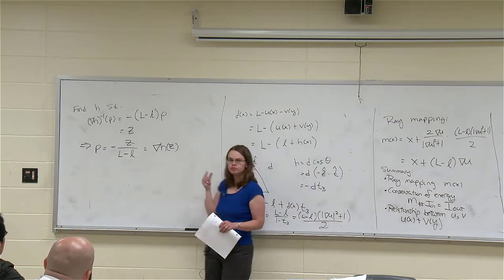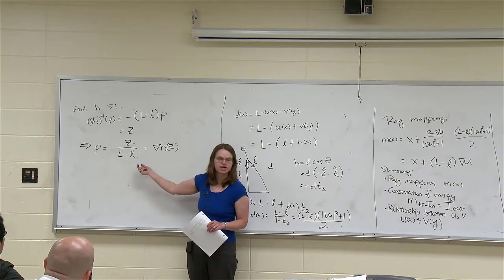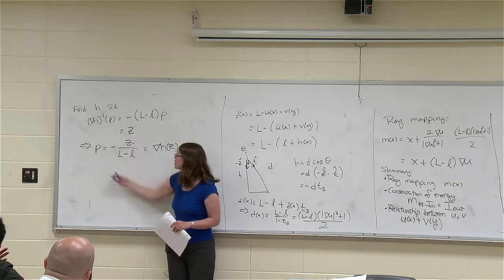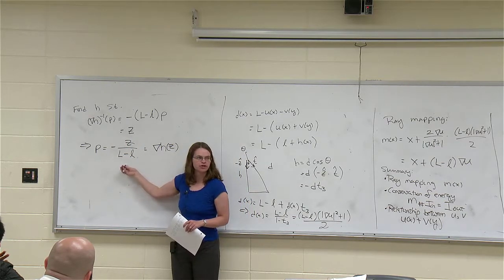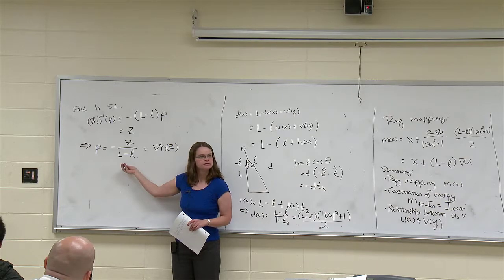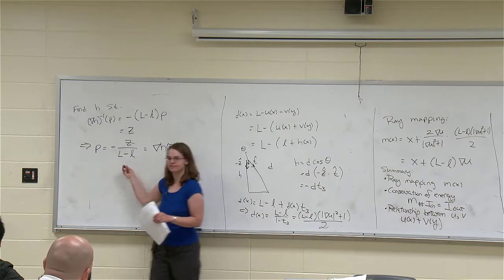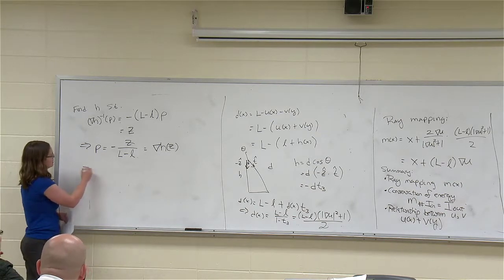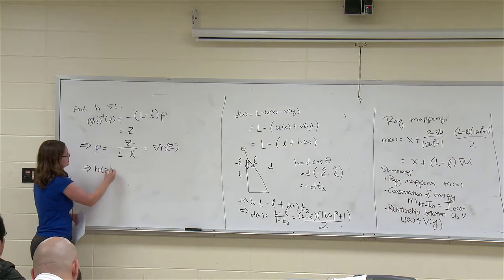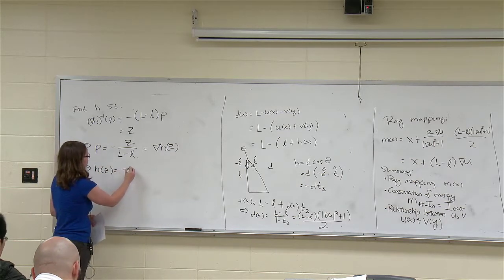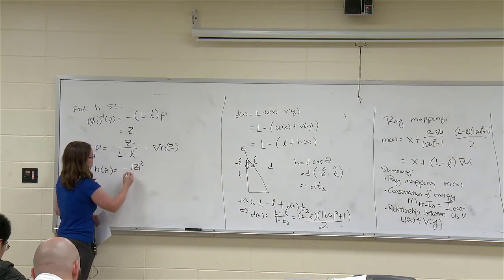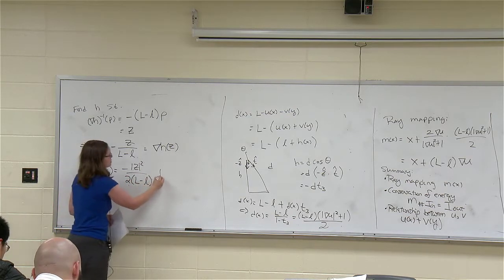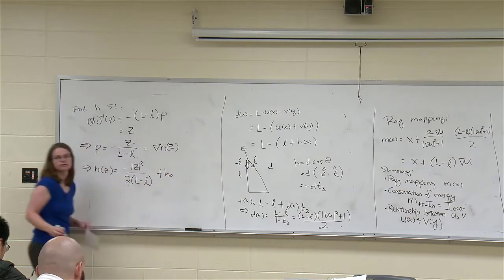Okay, so if I'm going to do this with optimal transport, I need grad h to have this form. Looking at this over here, is this actually a gradient? Yeah, sure it is, right? So this is the gradient of a quadratic function. So if this is true, then h of z should be minus z squared over 2 L minus L plus a constant.